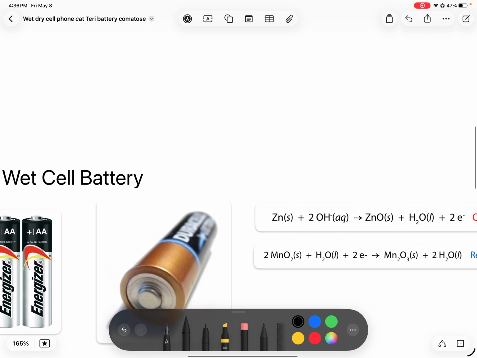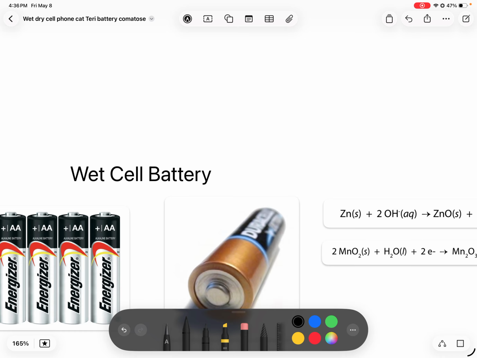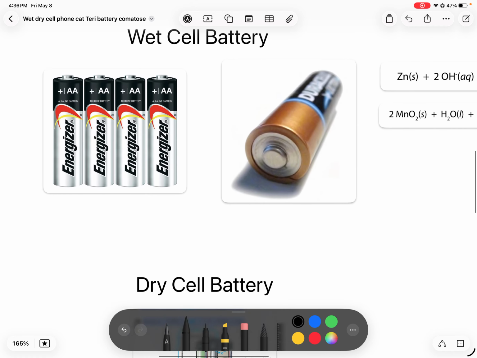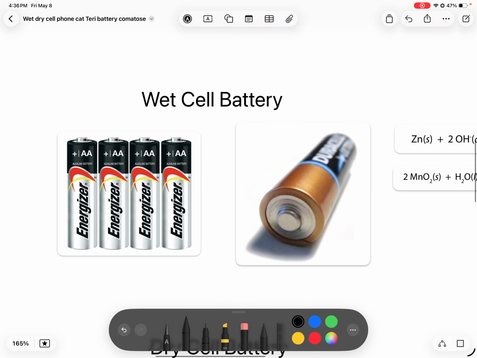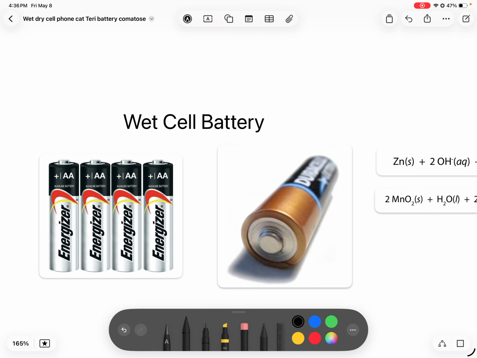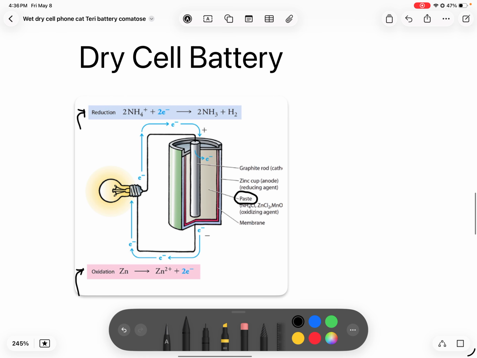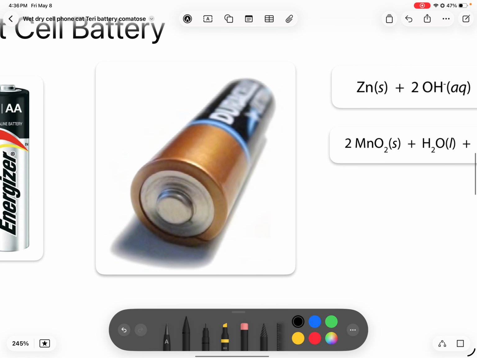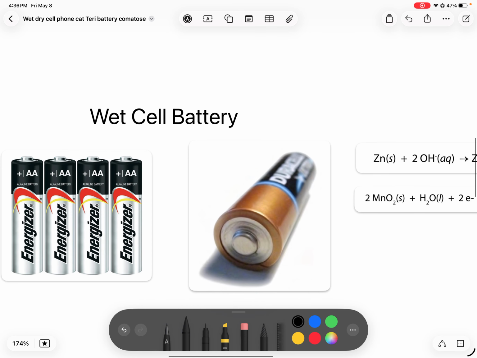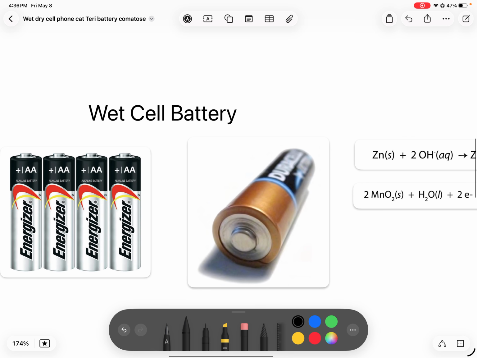The reason why wet cell or alkaline batteries don't run down as quickly as dry cell batteries is that they don't involve the zinc-depleting ions that are found in this particular reaction here. So there's nothing to deplete the zinc within the wet cell batteries, so they last longer.